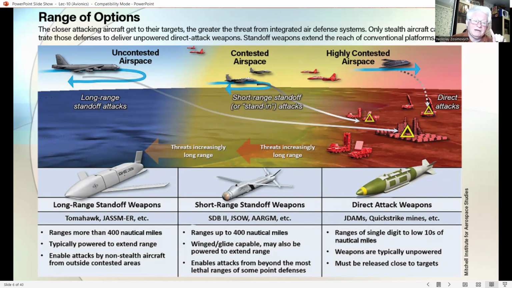It means the terminal homing phase is achieved with a suitable infrared or microwave radar seeker.